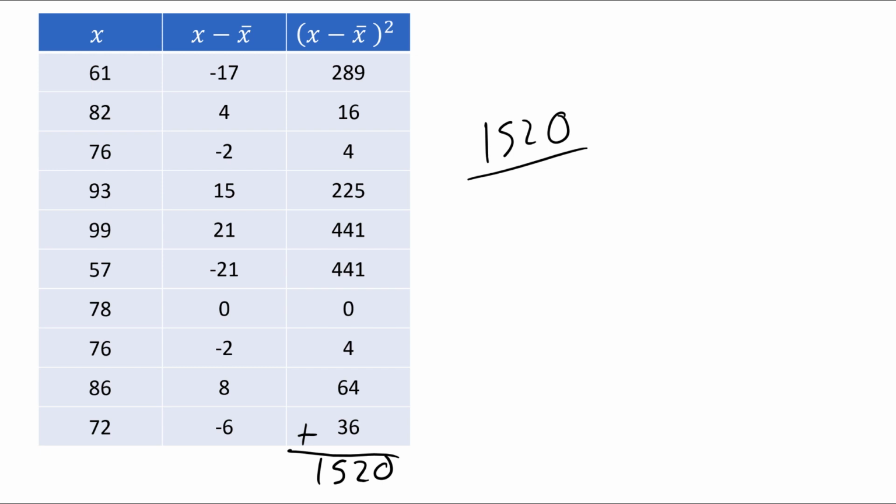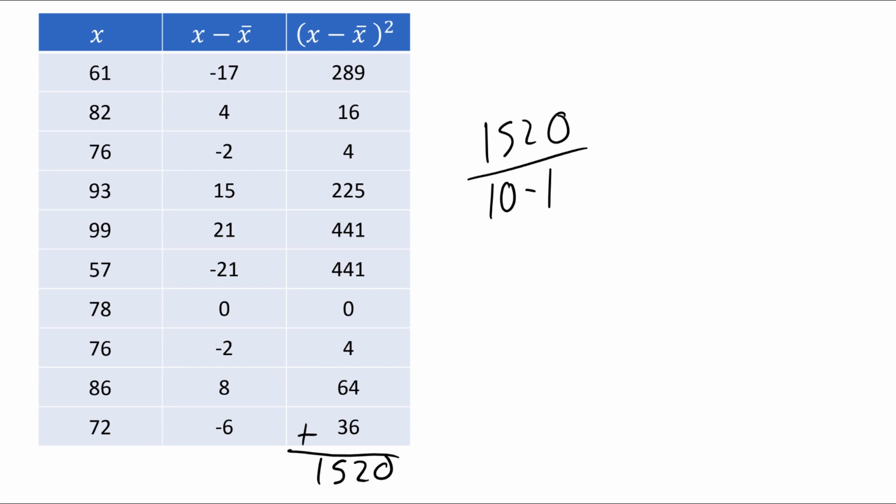Now, we're going to do something else that's a little weird. This is because we have a sample of data. We only have 10 test scores. Likely there were a lot more test scores. When you don't have everything, you have what we call a sample. And when that is the case, we have to have a correction factor. So we actually subtract 1 from the number of data points.